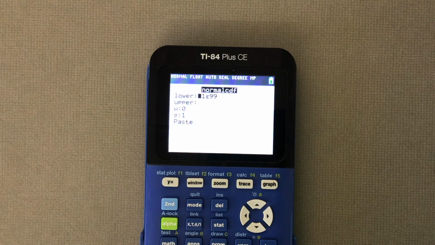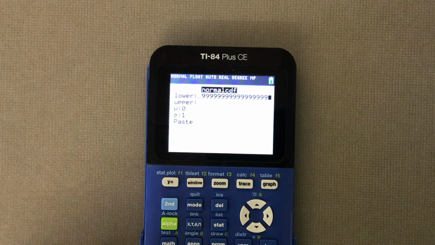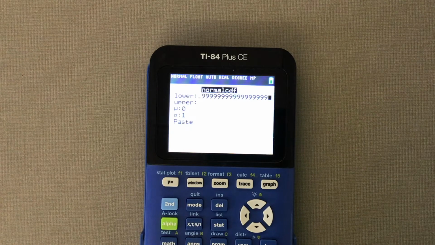Another way, because sometimes finding the scientific notation button is a little annoying, is I'll just hit -9999999, and then I'll just keep pressing 9 until I'm bored. And then I'm like, great, there we go. That's not as big of a number as the one that was in there before, but it really will not change things. All right, so if you have an older calculator, here's where you'd hit comma, and then upper bounds.